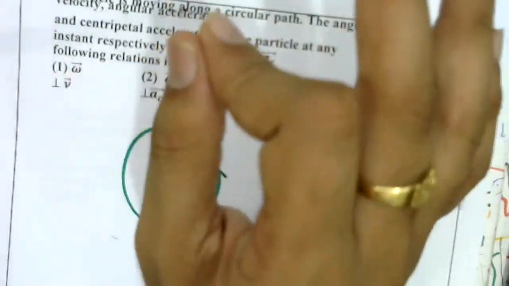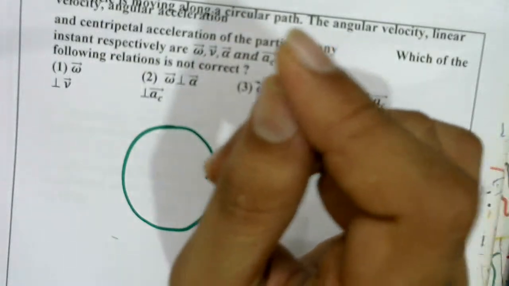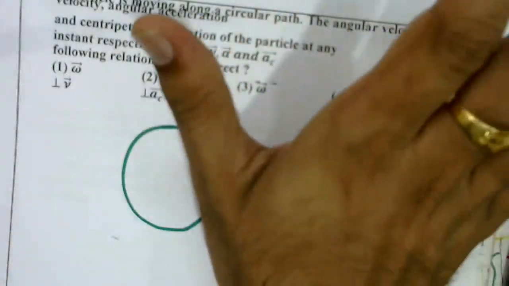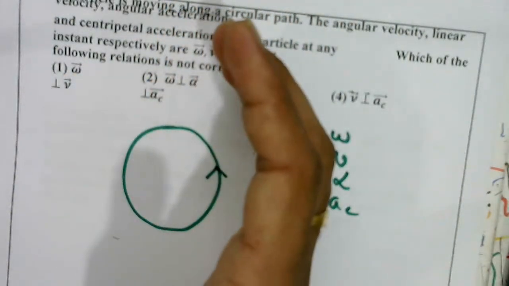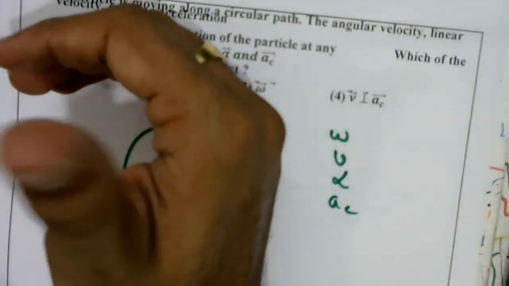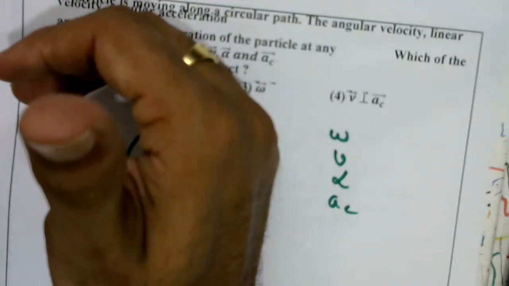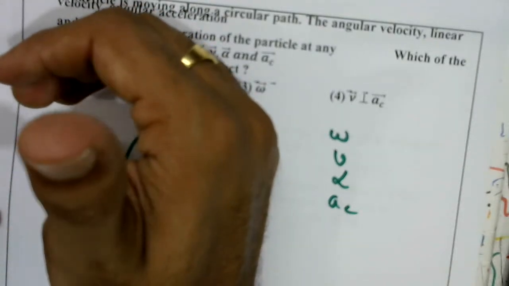Whenever the term angular comes, how to find the direction of angular velocity, angular displacement, angular acceleration, and torque? The same rule you have to apply. Understood? These fingers indicate the direction of motion of the particle, like this it is moving. The thumb indicates all angular parameters: angular velocity, angular acceleration, and torque, perpendicular to this paper. So like this you have to hold.